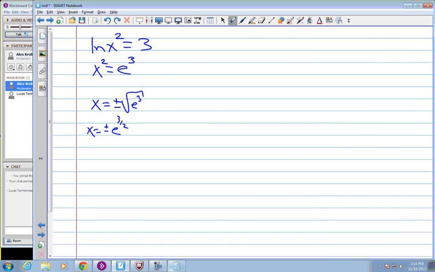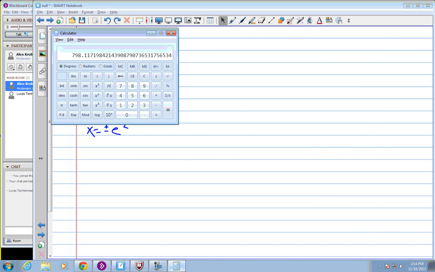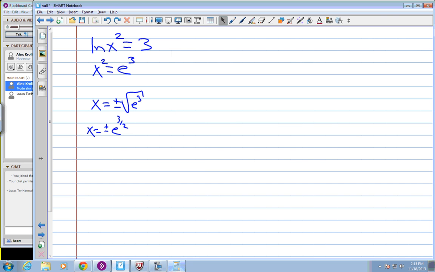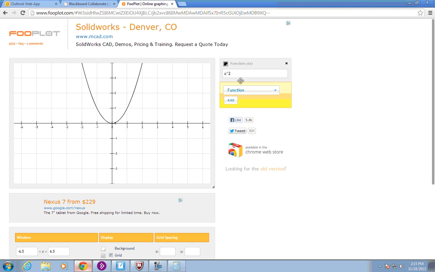You can do it in your calculator: 3/2 is 1.5, e to that power is that, so it's plus or minus that. Because look, even if I graph this function, natural log of x squared, I'll get two solutions out of that.